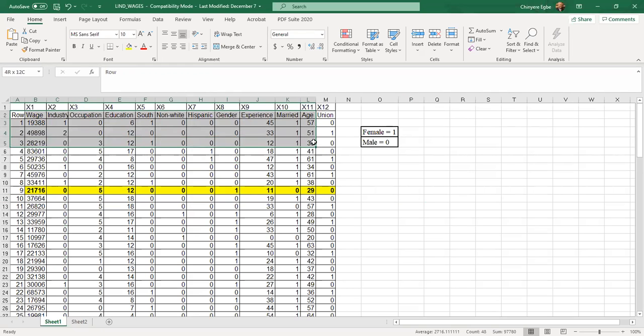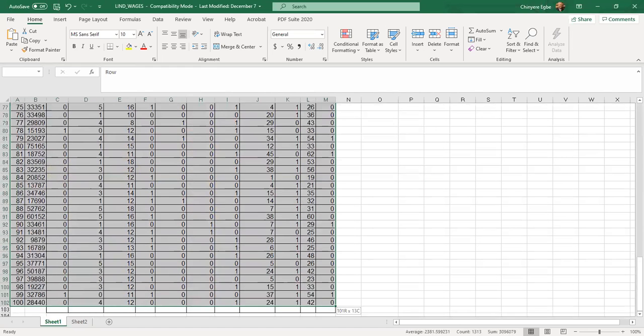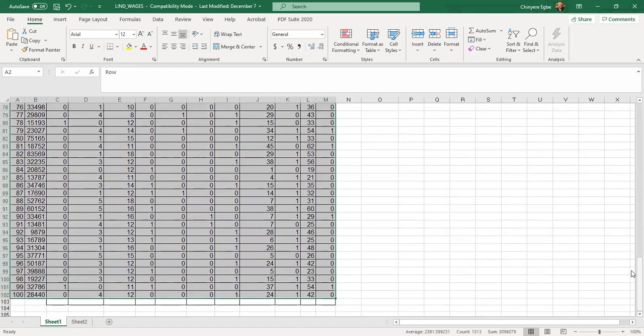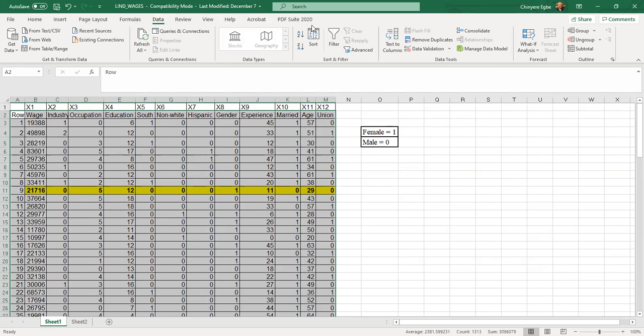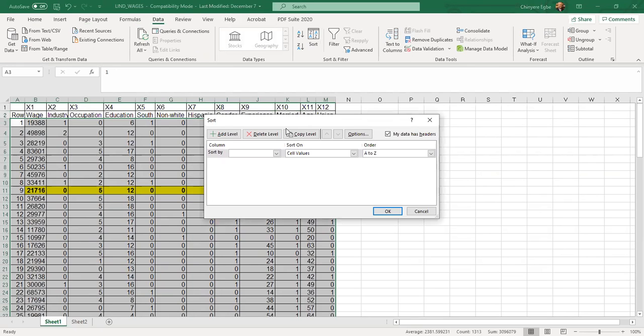You paint the area you're going to sort. You click on data, click on sort, and you sort by gender.